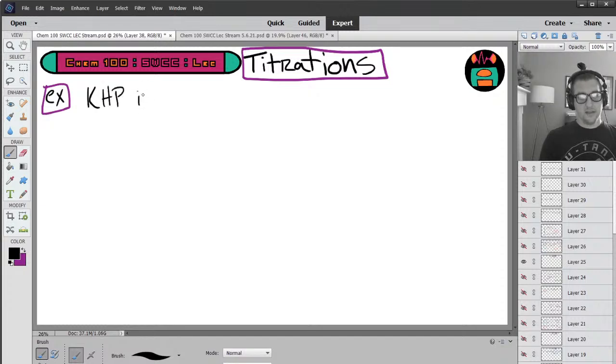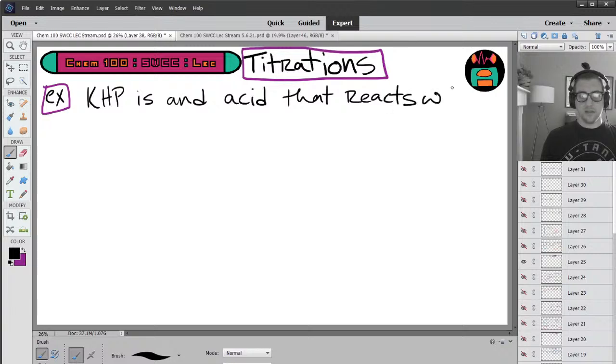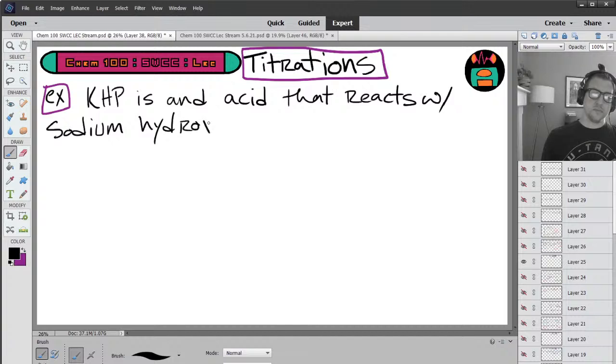KHP is an acid that reacts with sodium hydroxide in a 1-to-1 ratio.